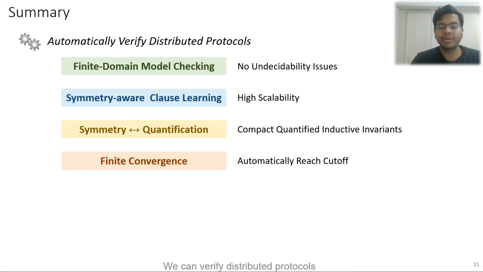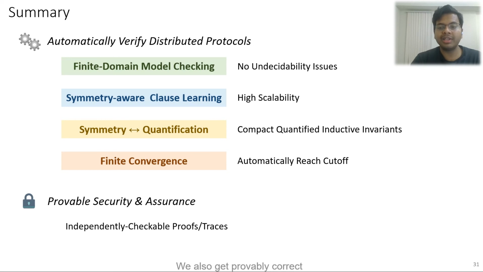We can verify distributed protocols fully automatically without any undecidability issues with high scalability and derive compact quantified inductive invariants by using finite domain model checking and understanding the relationship between symmetry and quantification, and incrementally increase the size and reach cutoff. We also get provably correct security guarantees with independently checkable proof certificates and counterexample traces, with a very general approach that finds applications in a variety of different domains.